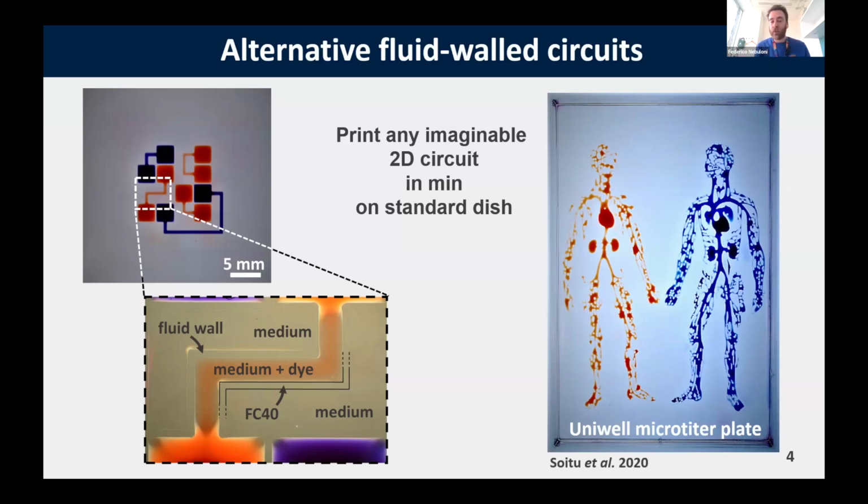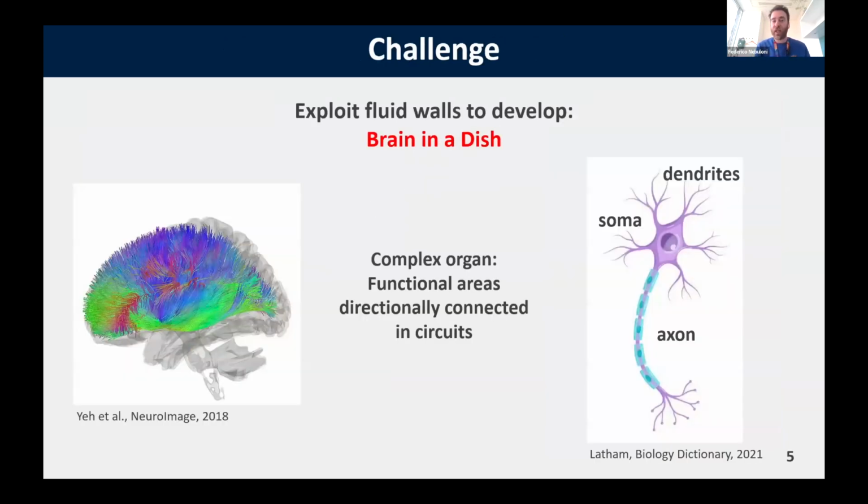So coming to today's talk, the challenge of this project was to exploit these fluid walls properties to start creating a brain inside of a dish. And the more we talked with neurobiologists, the more they agreed, saying that the main characteristic of the brain is to be made of different functional areas that are unidirectionally connected in electrical circuits.